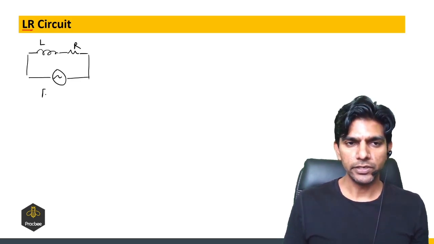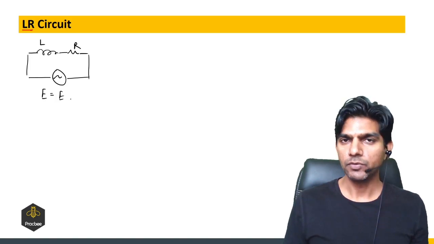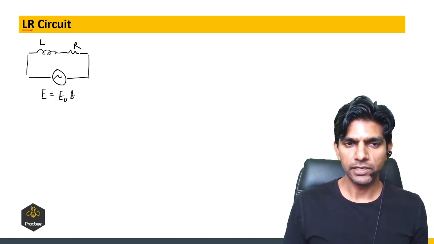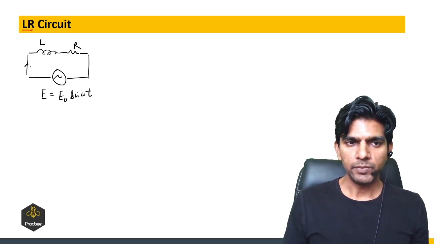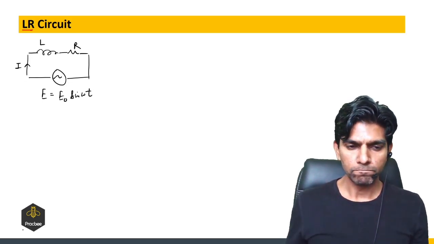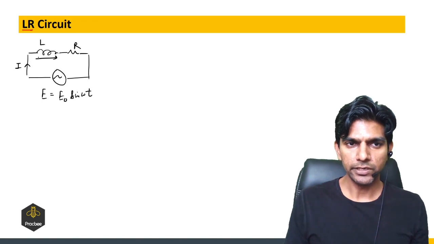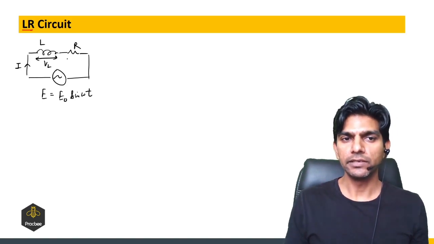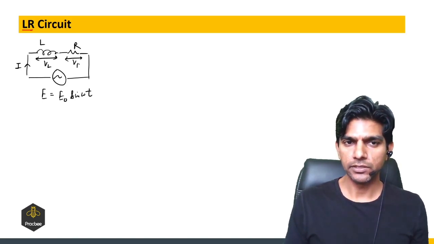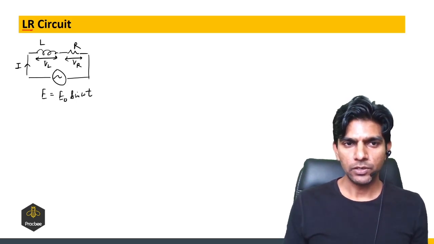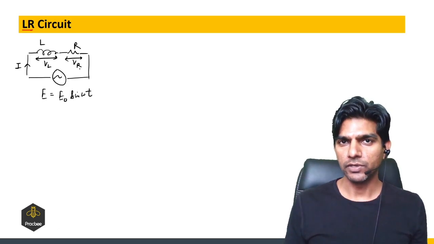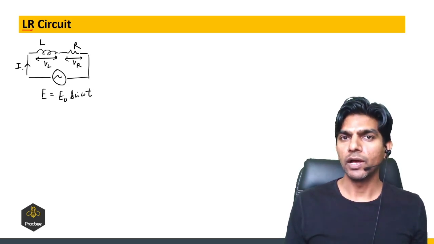Let us say the EMF of the AC source is given by E naught sine omega t. Let us say at time t, the current in the circuit is I, the instantaneous voltage across the inductor is VL, and the instantaneous voltage across the resistor is VR. Similarly, the peak value of VL is VL naught, the maximum value of VR is VR naught, and the maximum value of I is I naught.